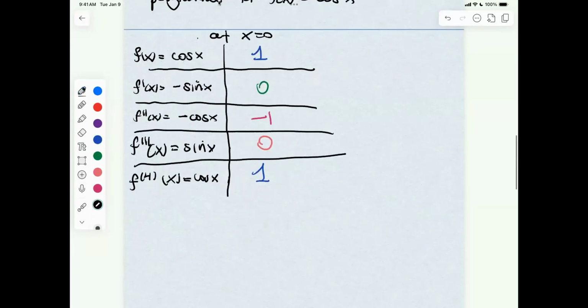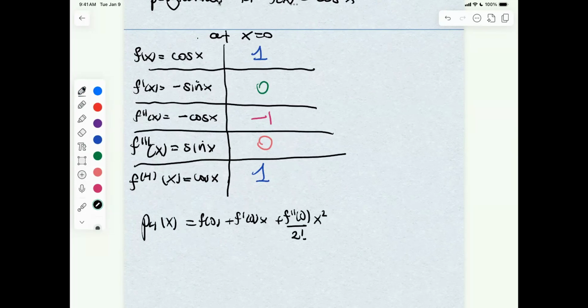The formula says it would be f of 0 plus the first derivative at 0 times x plus the second derivative at 0 divided by 2 factorial times x squared plus the third derivative at 0 divided by 3 factorial times x cubed, right? Plus the fourth derivative at 0 divided by 4 factorial times x to the 4. Okay, so that's the degree 4 approximation.